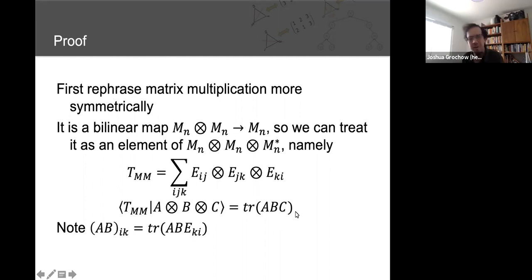It still doesn't quite look like matrix multiplication, but the thing to notice is if I want to multiply A and B, say I want their ik entry, if I plug in e_ki for C, the ik entry of this product is the trace of A times B times e_ki. So this is the object we're going to work with. This is how we're going to represent matrix multiplication.